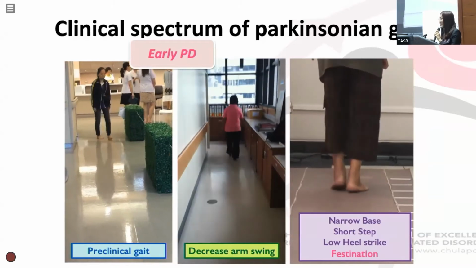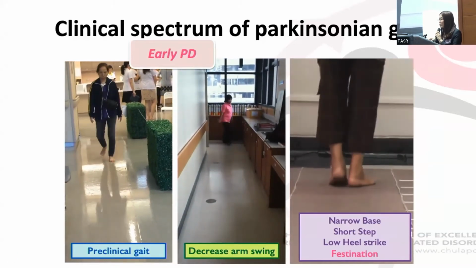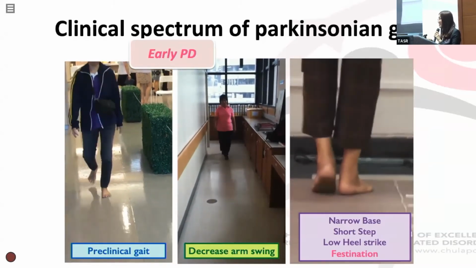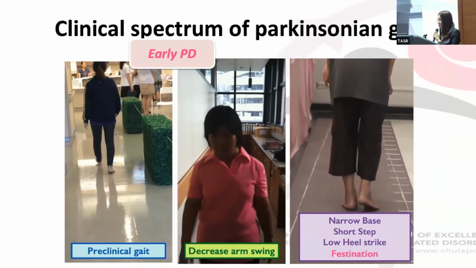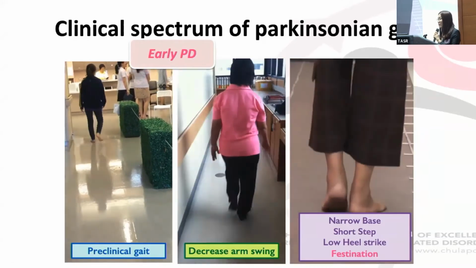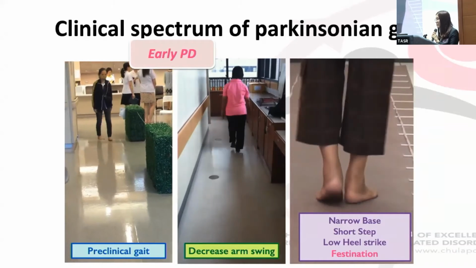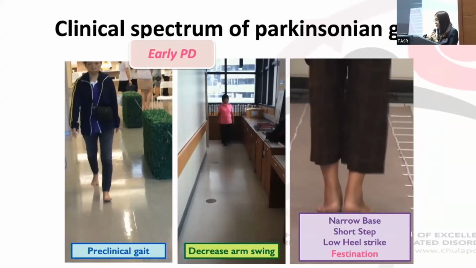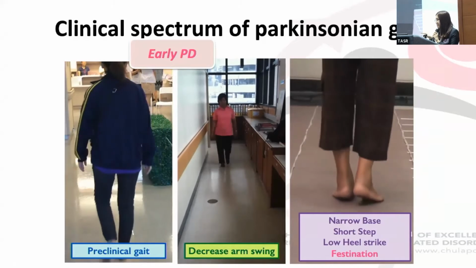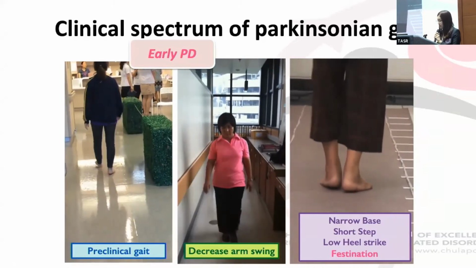What is festination? It's a tendency to move forward increasingly rapidly. And the steps become smaller and smaller, associated with a shift in the center of gravity, because the patient tends to fall. So they have to move their feet very quickly, very rapidly, and sometimes smaller.